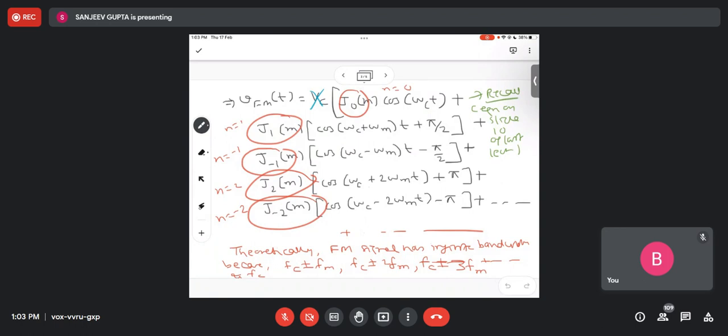This is my carrier. This is the first upper side frequency, first lower side frequency, second upper side frequency, second lower side frequency. So the amplitude of the carrier is J0, J1 is the amplitude of the first side frequencies, J2 is the amplitude of the second side frequencies, and so on.